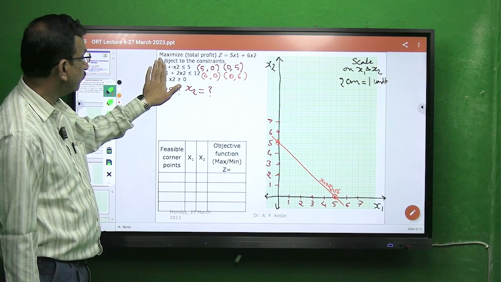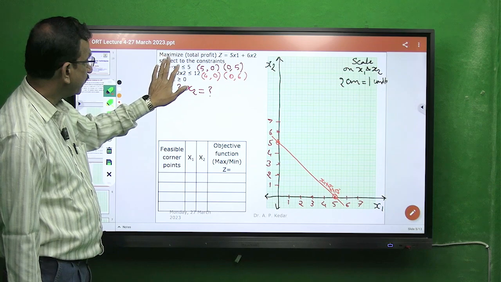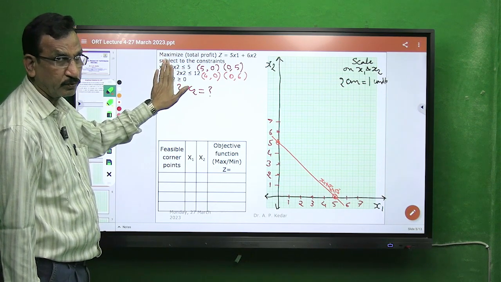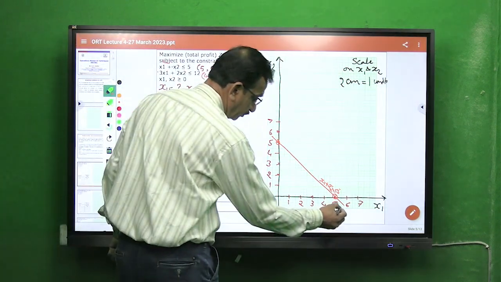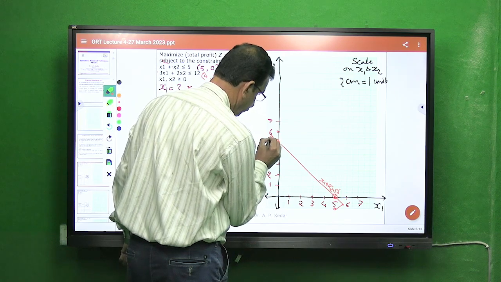Similarly, if you put your palm over x1, x2 is less than or equal to 5. So the maximum value of x2 is 5, the rest are less than or equal to 5. To implicate this sign, what I am doing is plotting the zone.